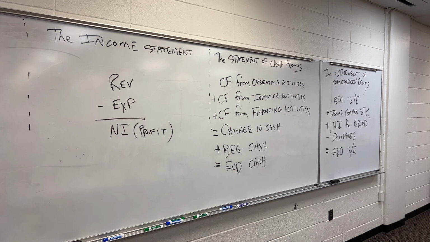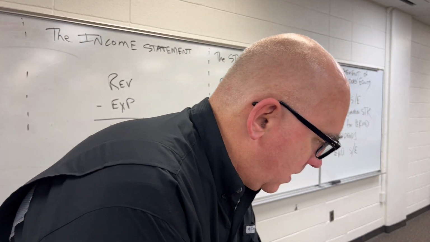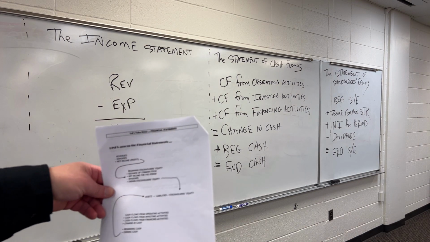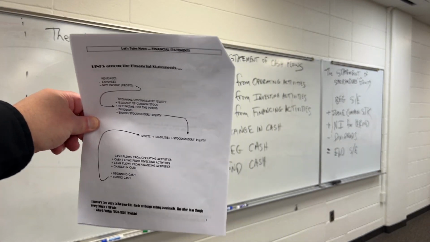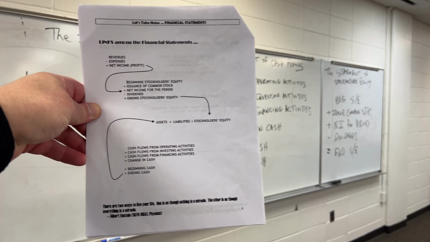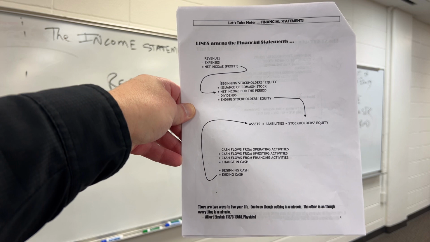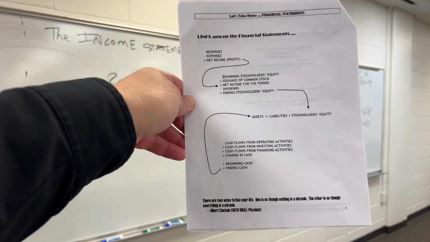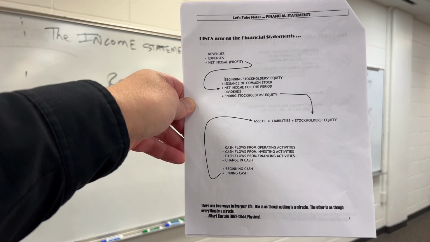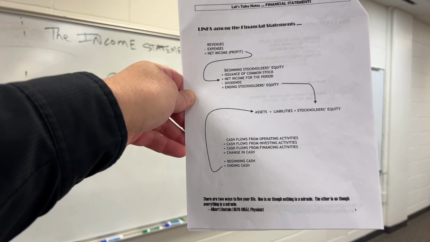Now, what I've done, I don't know if you can see this, there's links among the financial statements. And look what my notes look like. I don't know how well you can see that. But what I've done is I've actually rewritten all this information on one page, links among the financial statements.